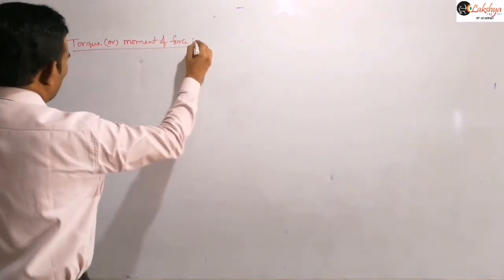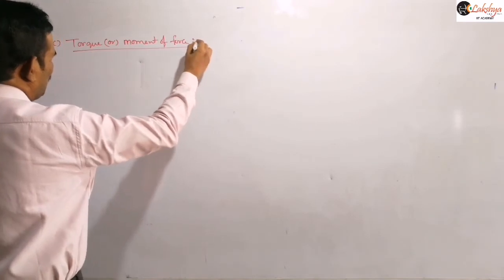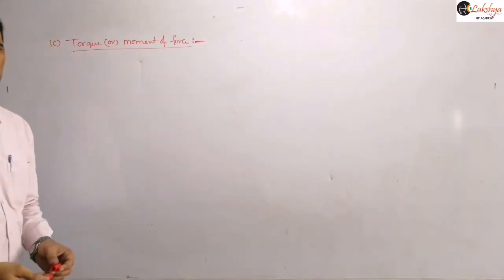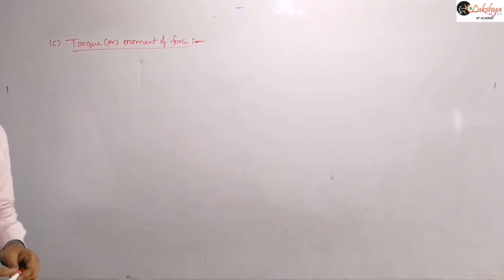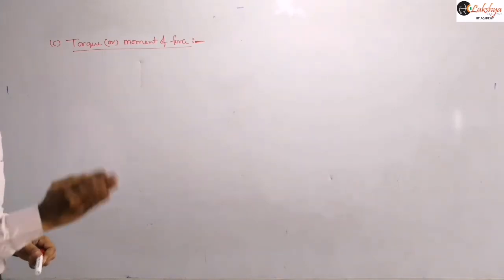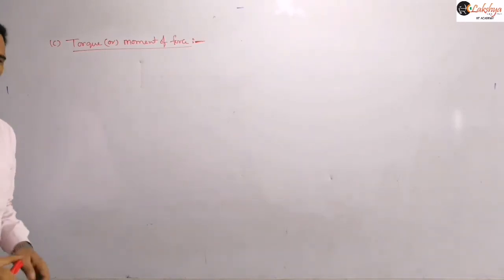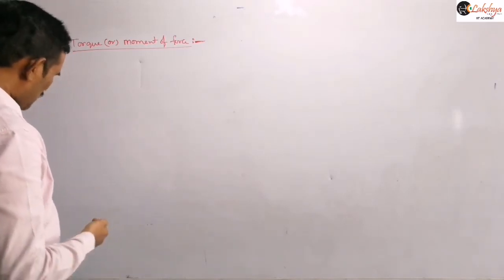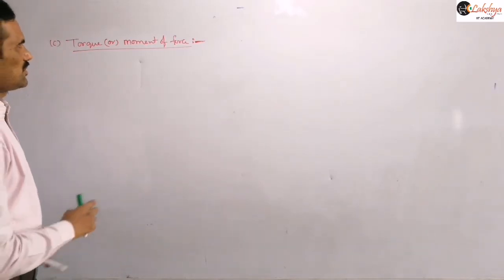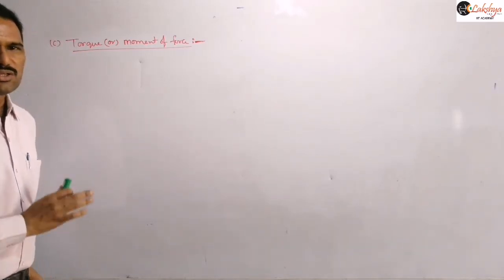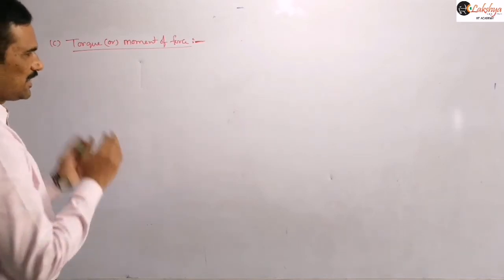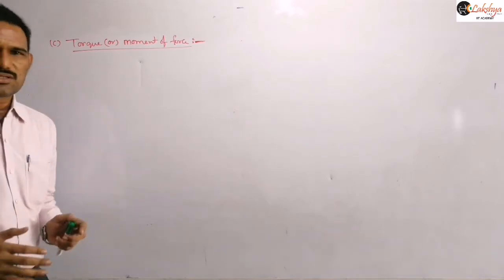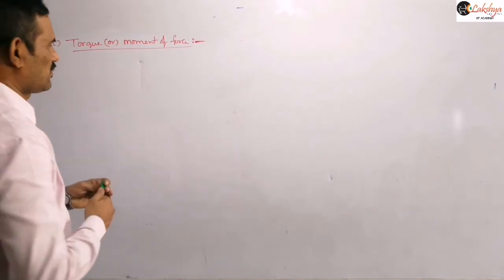Actually in detail we will discuss the torque in the rotatory motion topic. Just here let us learn the definition and how to find the torque by using this cross product rule. I think in your lower classes you may have learned the definition of the torque. In detail we will discuss it in the separate topic like rotational mechanics.